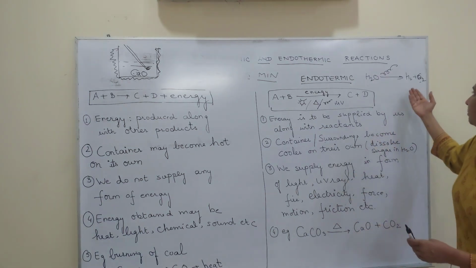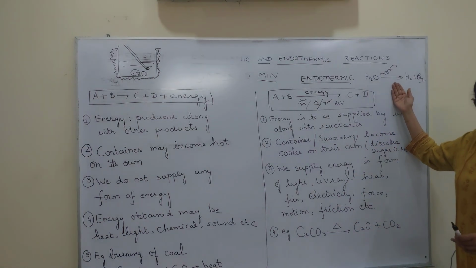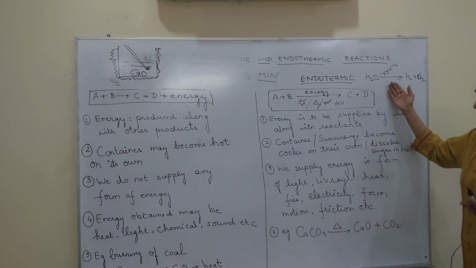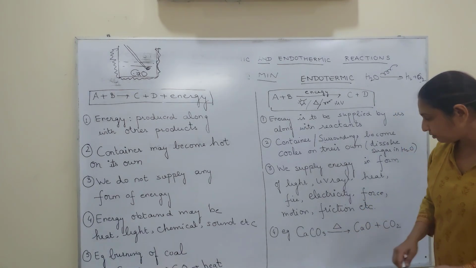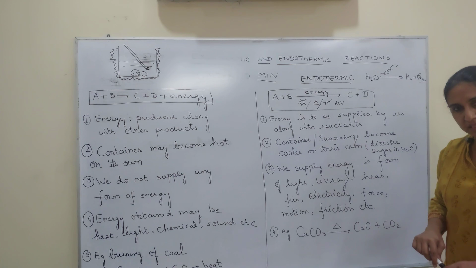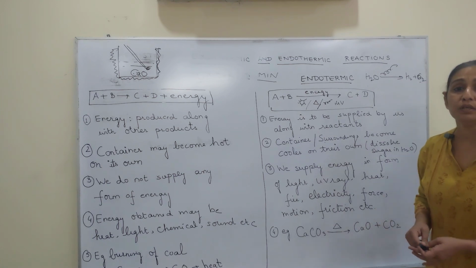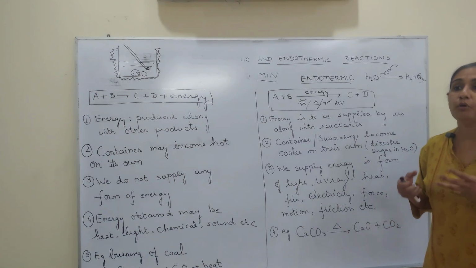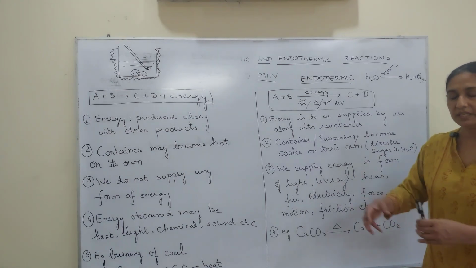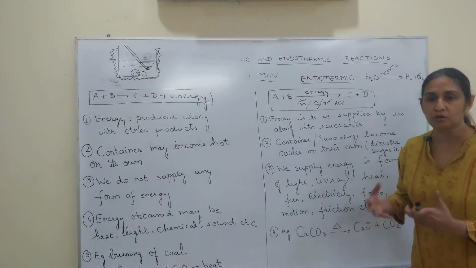One example I've given you is the electrolysis of water. You supply a battery and you give electrical energy. Another example is you take calcium carbonate and you heat it strongly. Heat it strongly means we put it in a very big oven or a very big boiler, which is giving this calcium carbonate a lot of heat.